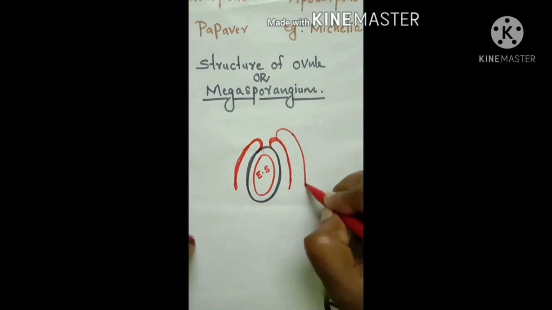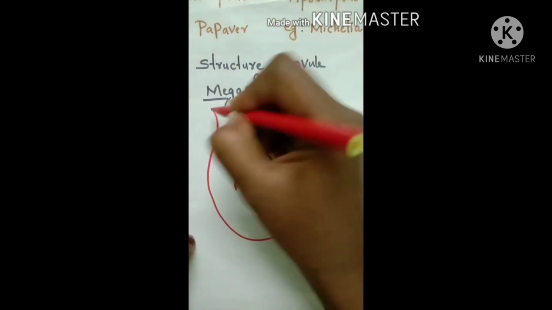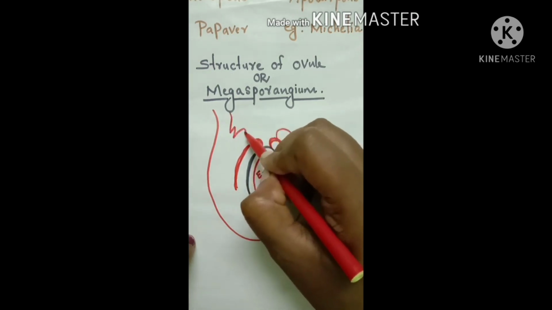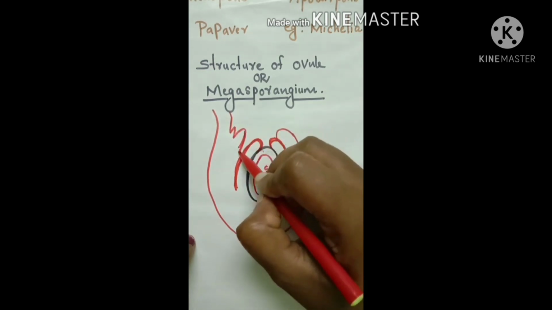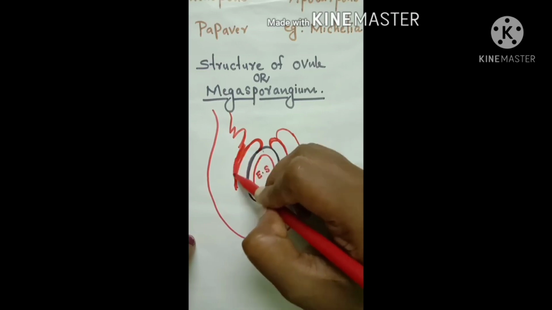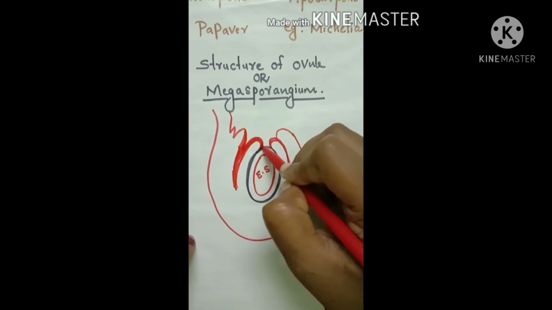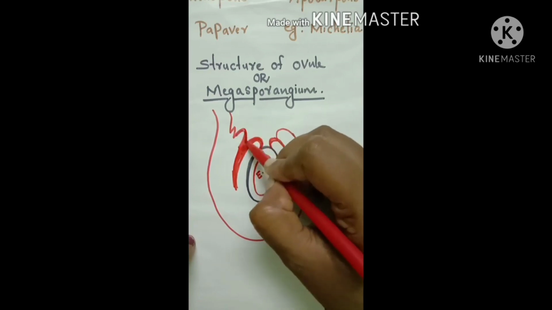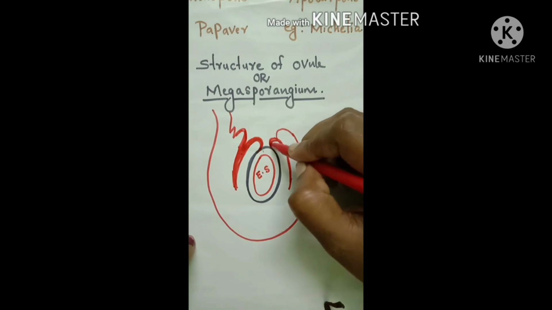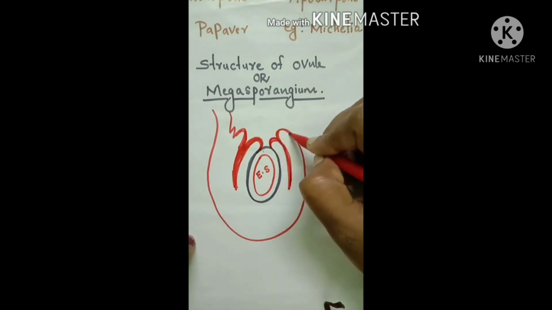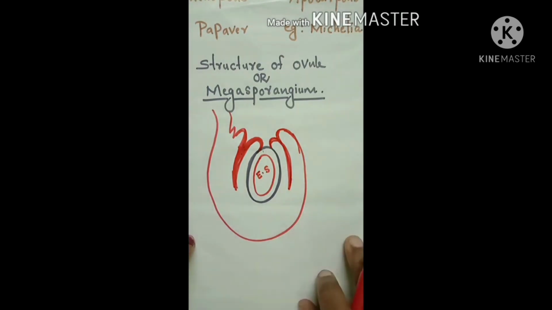This outer integument will encircle this ovule. Here also we can see the outer integument. Clear? So this is inner integument and this portion is outer integument.